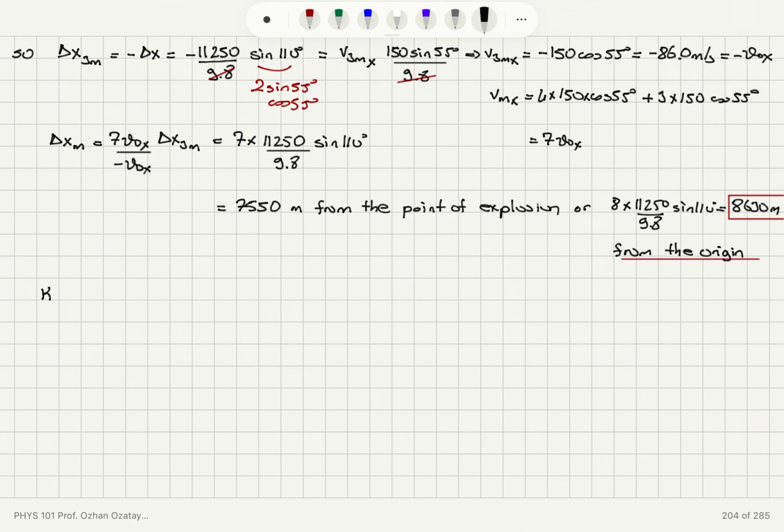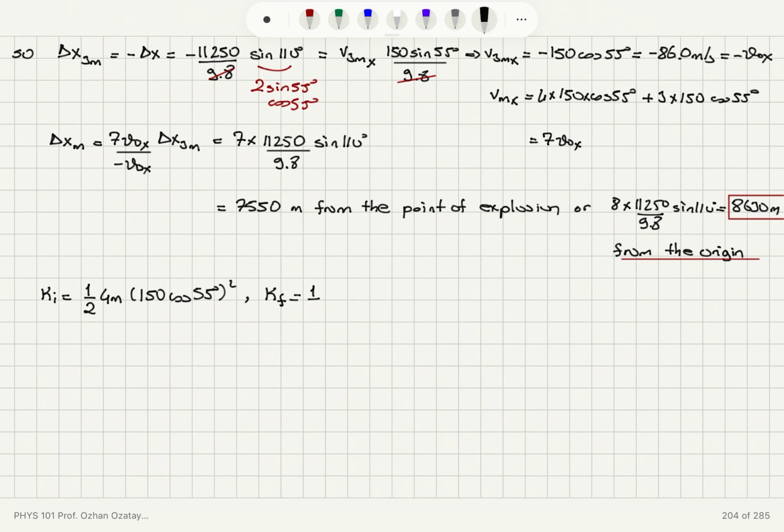Initial kinetic energy of the shell is 1/2 4m times 150 cosine 55, x component squared, because the y component is 0 at the maximum height.